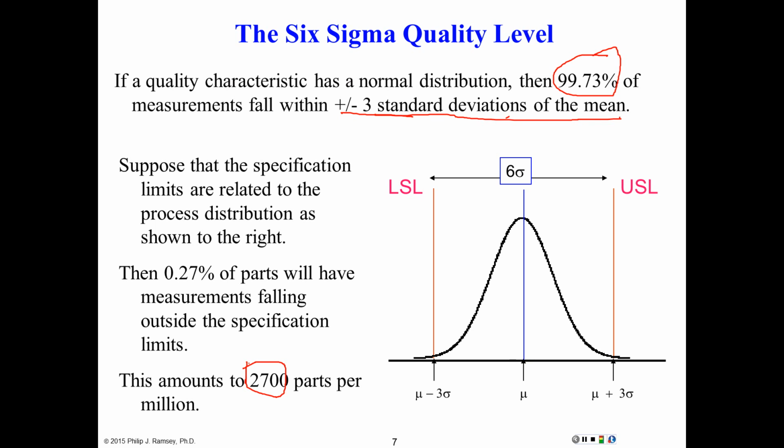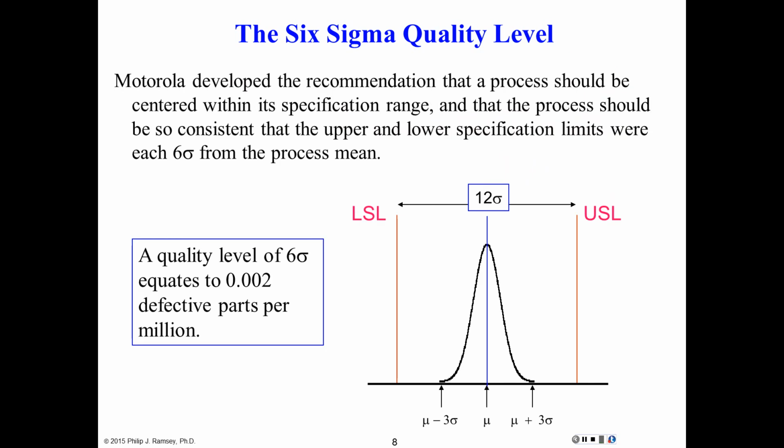So basically, when we talk about capability, as I said, we'll assume a normal distribution, and we'll define that normal distribution by that typical plus or minus 3 sigma window of the mean. Okay. Well, so what do we mean by 6 sigma quality level? Well, the original definition of it was actually, believe it or not, a 12 sigma window.